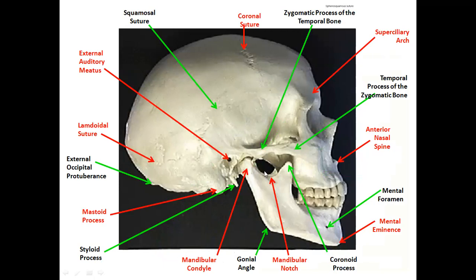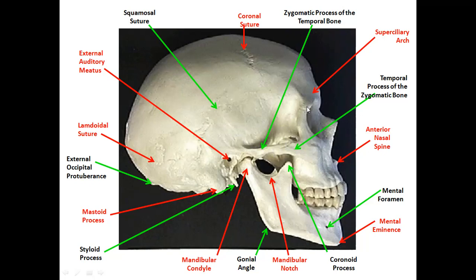This is the condylar process, mandibular notch, coronoid process of the mandible. This is the mental eminence, that means the eminence of our chin. This is the anterior nasal spine. This is the temporal process of the zygomatic bone, and this is the zygomatic process of the temporal bone. Both fuse here at the zygomatico-temporal suture.